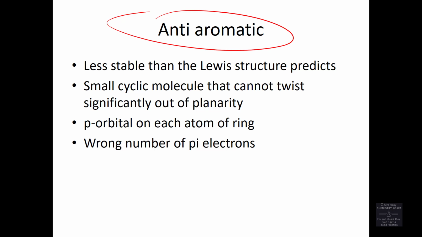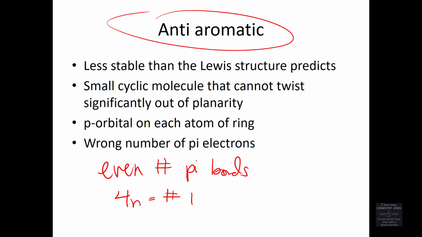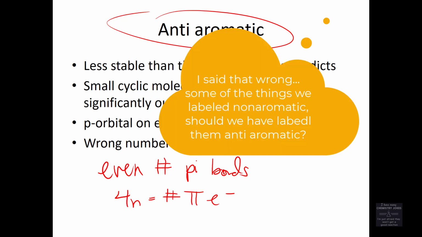The other thing is it has an even number of pi electrons, or it fits the 4n rule, where n is an integer. So 4n is equal to the number of pi electrons where n is an integer. We're going to rewind and go back to the beginning of our examples and see some of the things that we labeled anti-aromatic. Should we have labeled them actually anti-aromatic?